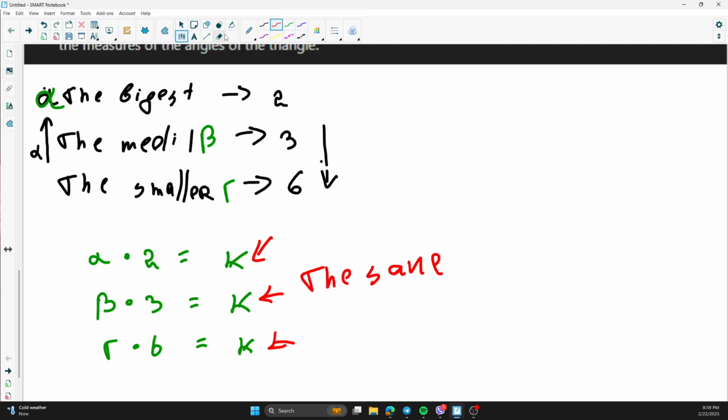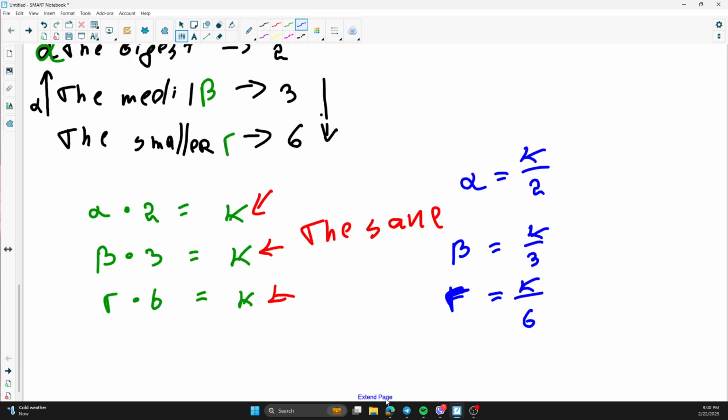Now, from this measurement, can you tell me alpha will be kappa over 2, right? Beta will be kappa over 3. Gamma will be kappa over 6.